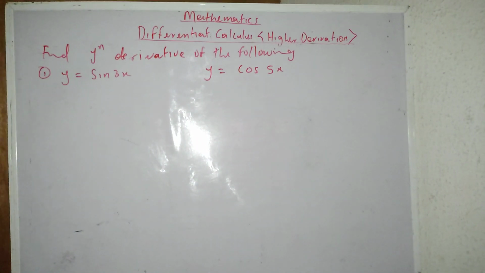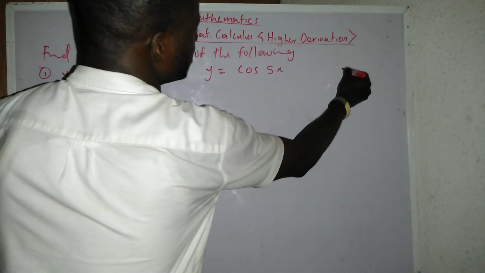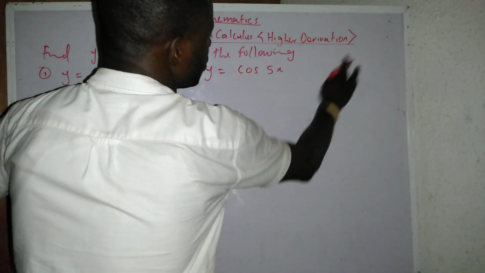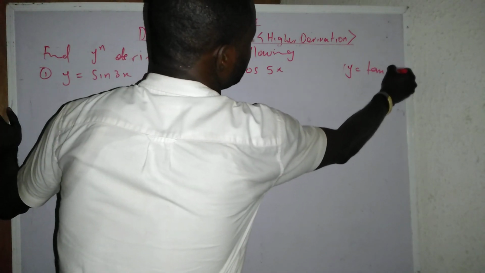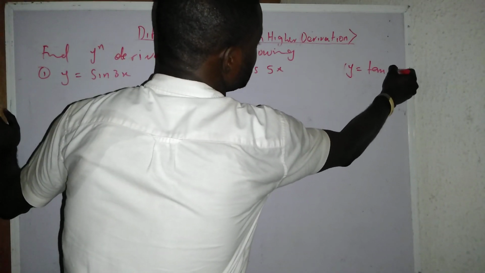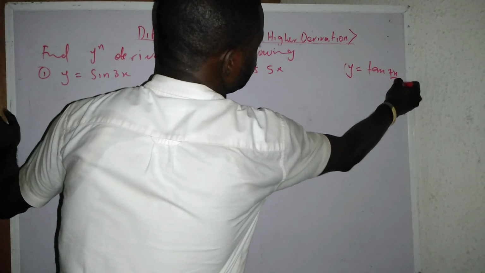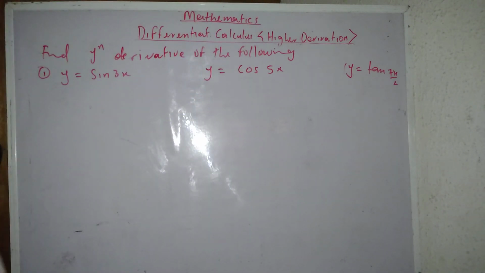Okay, and to find the nth derivative of this, you will now try this after: y equals tan 7x all over 2.